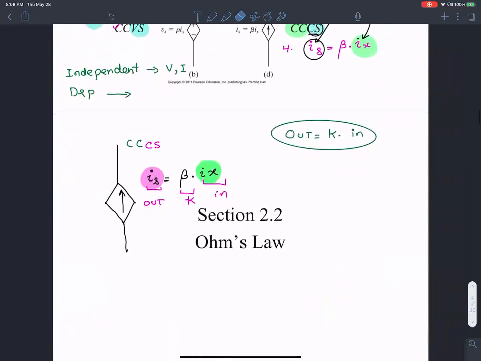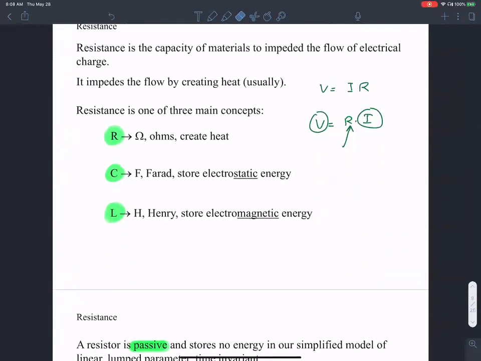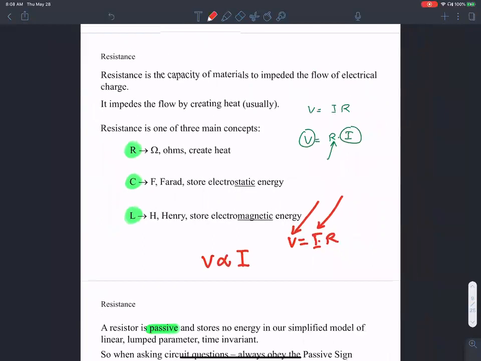Okay, and then we went into the idea of Ohm's law. Simply V is I times R. The relationship between the voltage and current in a resistance is linear. Voltage developed across the resistance is proportional to the current flowing through it.